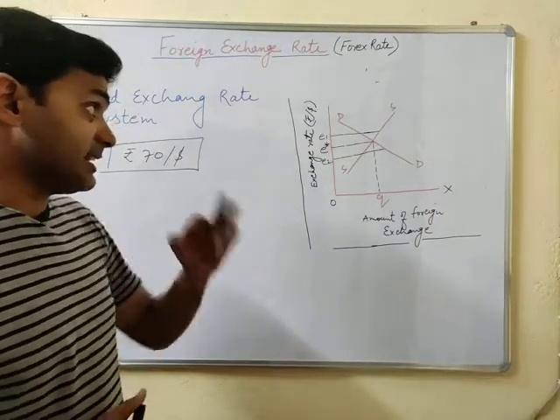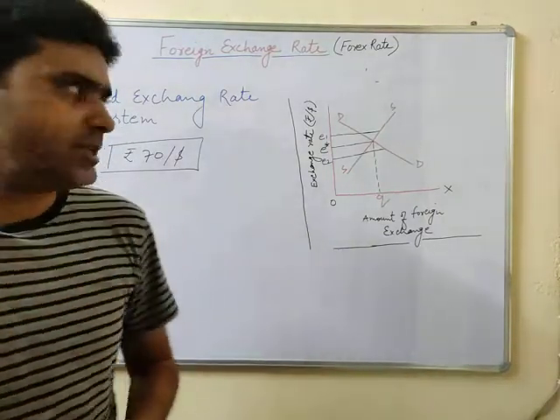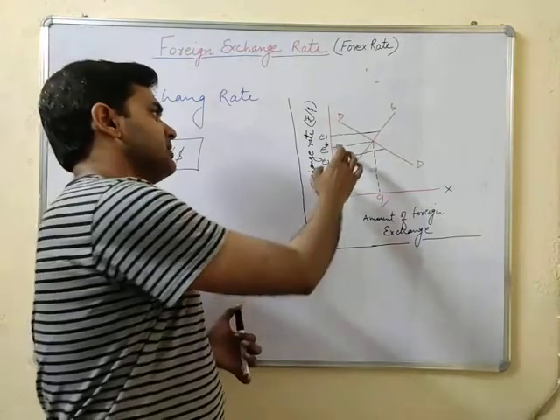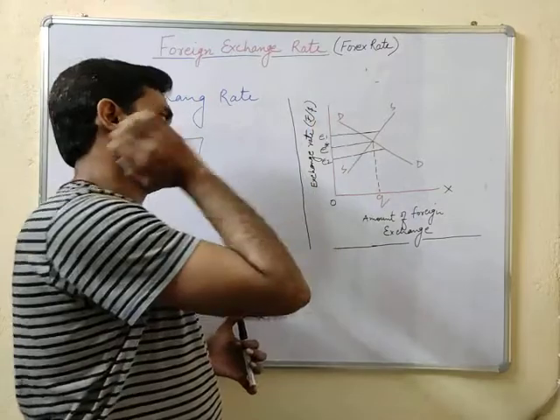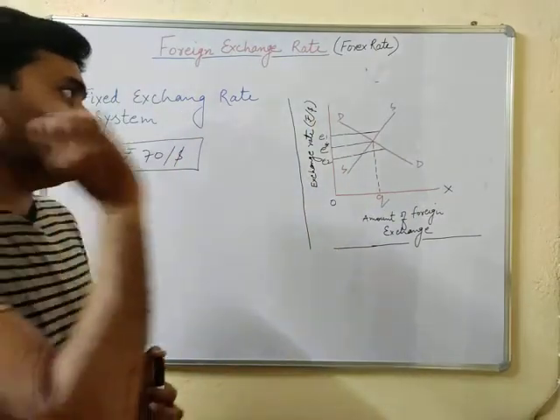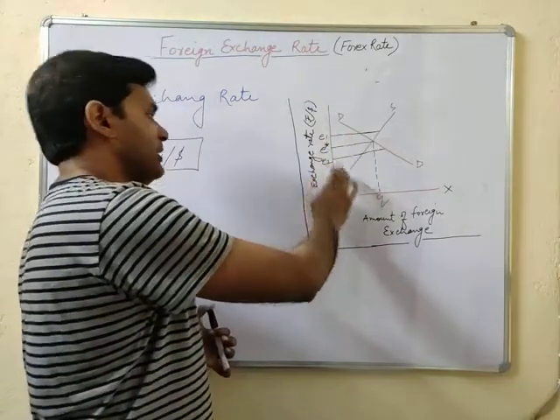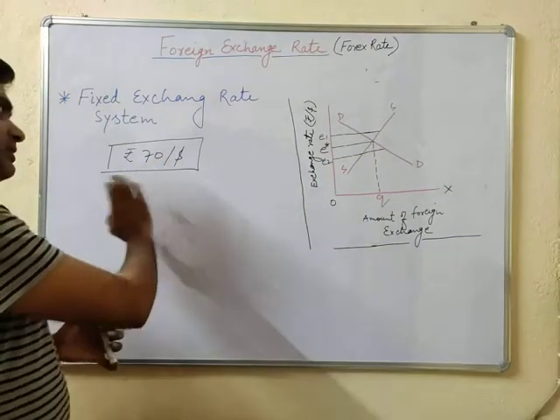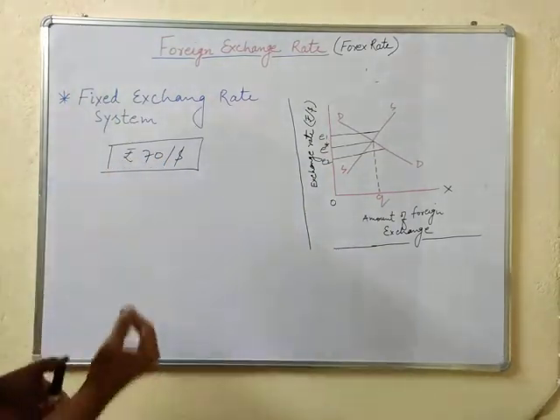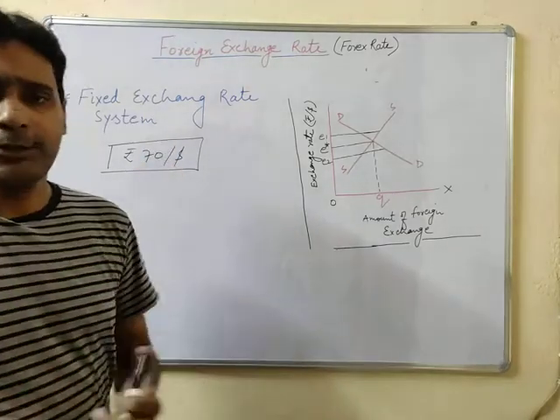Under the fixed exchange rate regime, suppose the exchange rate is E star, where the supply and demand curves intersect, and this is the point where the government desired level is achieved, which is rupees 70 equal to 1 American dollar.